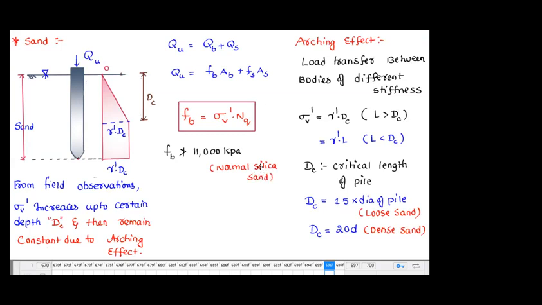That's the range. It should not go beyond 11,000 kilopascals, or I can write it as less than or equal to. Similarly, FB should be less than or equal to 5,000 kilopascals in the case of calcareous sand.